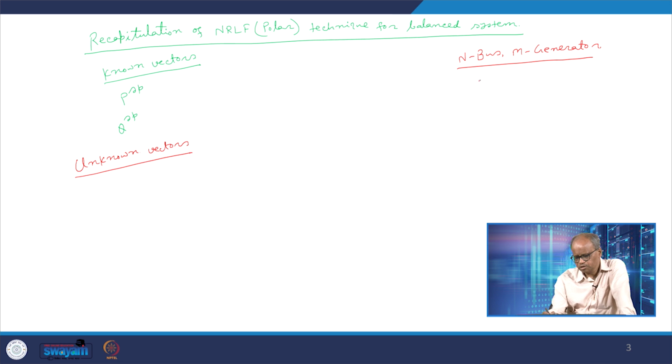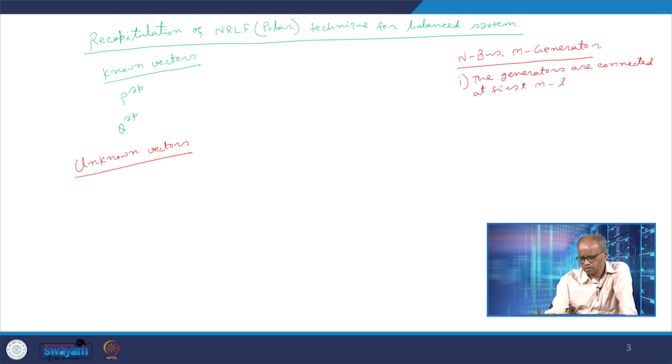And here the assumption is that the generators are connected at the first m buses, and bus 1 is the slack bus.